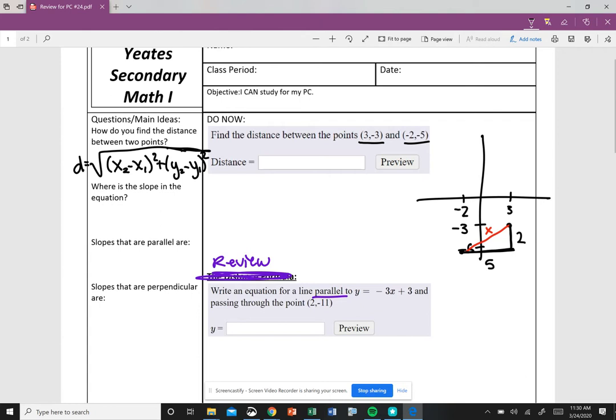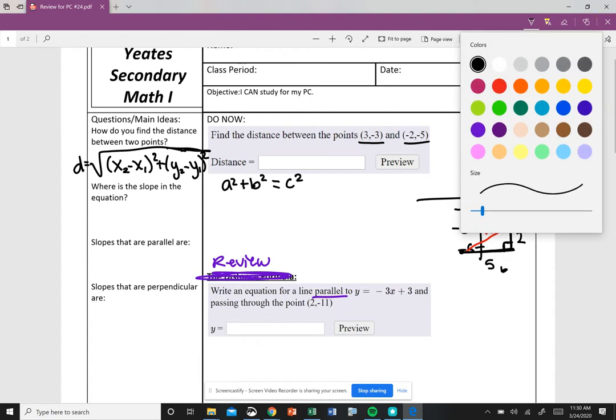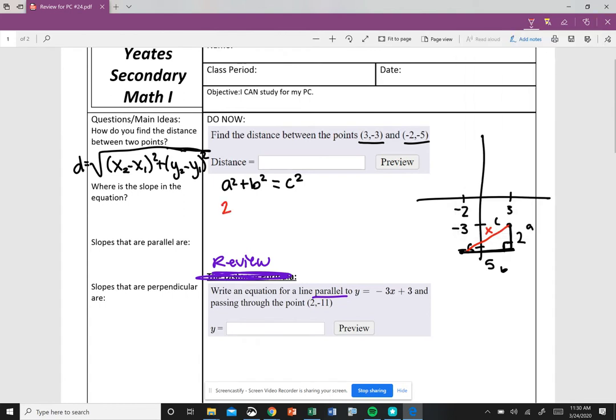So now using Pythagorean theorem says that a squared plus b squared equals c squared. Well, here's my right angle, and a and b are around my right angle, and c is across the right angle. So I'm going to do a squared, so this would be 2 squared plus 5 squared equals, and I labeled that side x, you can label it whatever you want, x squared.